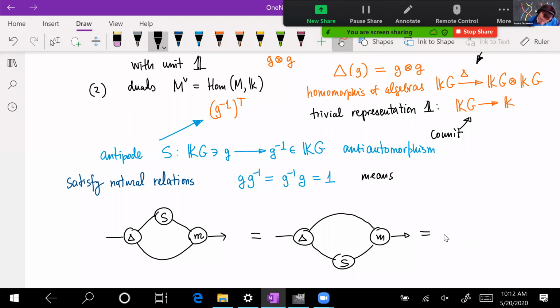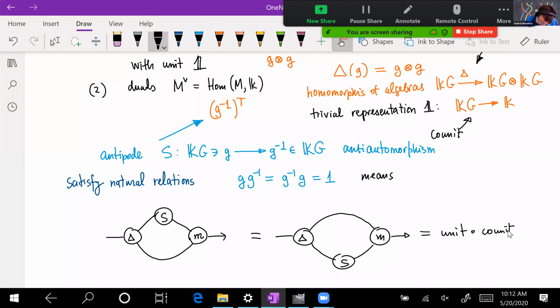This means I compose, first, I forget, so maybe I'll say compose with the co-unit.